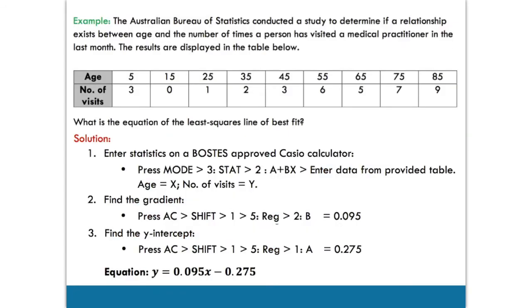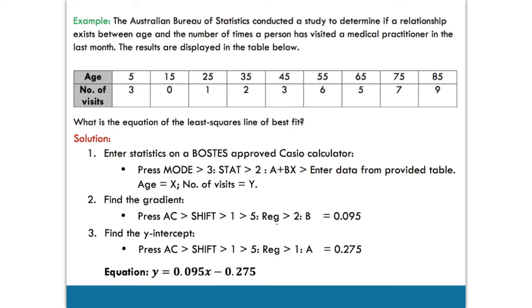Okay, so our first question: the Australian Bureau of Statistics conducted a study to determine if a relationship exists between age and the number of times a person has visited a medical practitioner in the last month. The results are displayed in the table below. The question states, what is the equation of the least squares line of best fit?